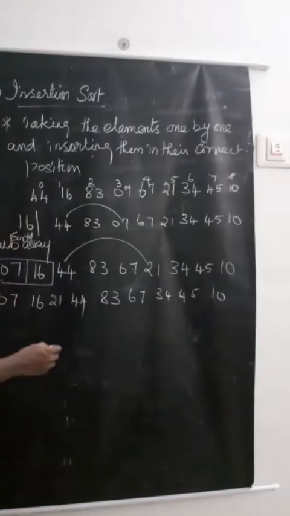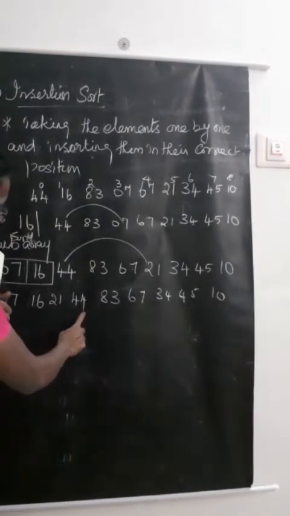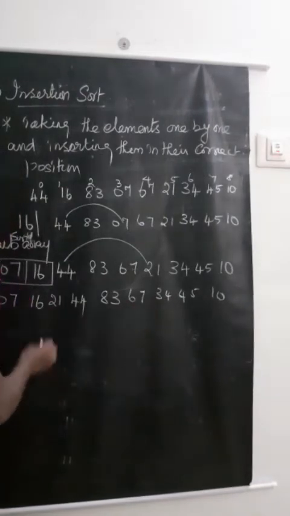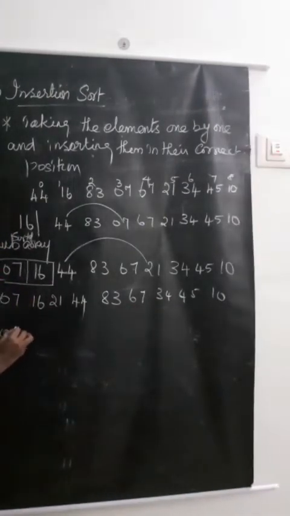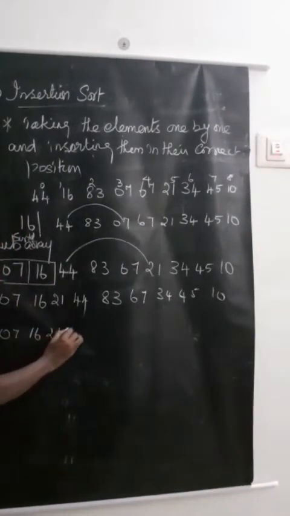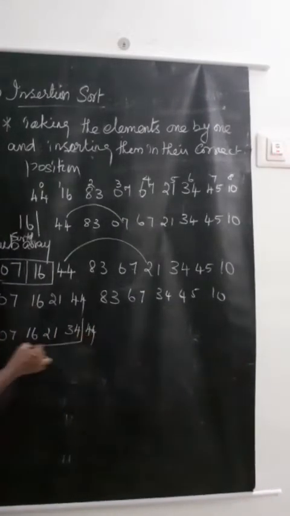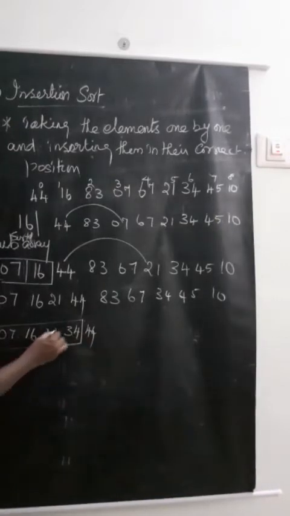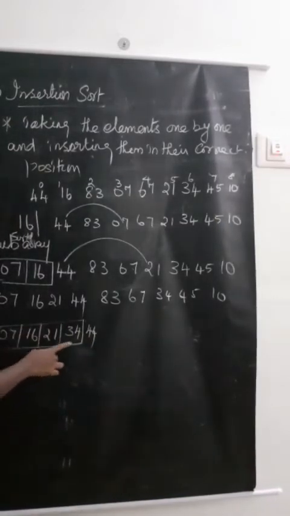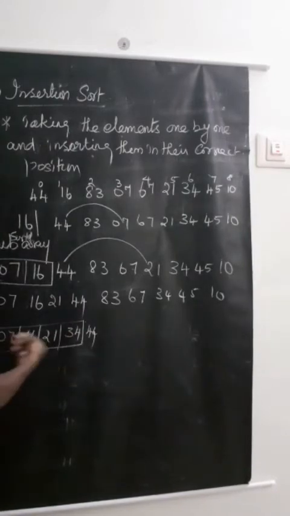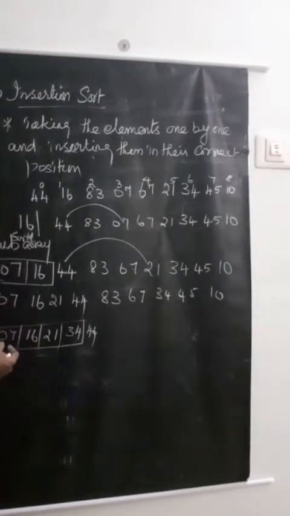Now again 44 is compared with 34. Yes, it is smaller. Again 07, 16, 21, 34, 44. Yes, the subarray becomes longer. Now the subarray is sorted. Sorted elements come to the left side of the array.